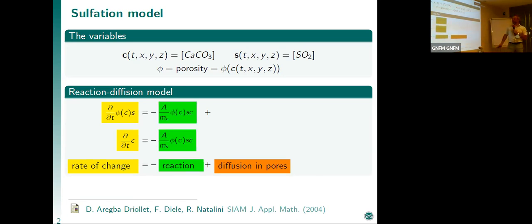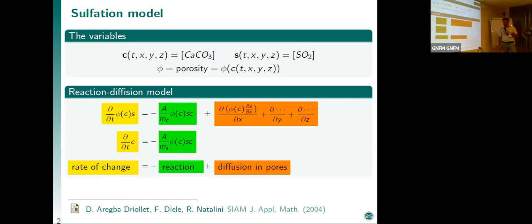The right-hand side of the equation will typically be composed of two different kinds of terms. Some terms will express the rate of change of the S and C variables because of the chemical reactions, and these terms will not involve derivatives in space. And some other terms, like this one, will express the fact that the gas diffuses into the pores.